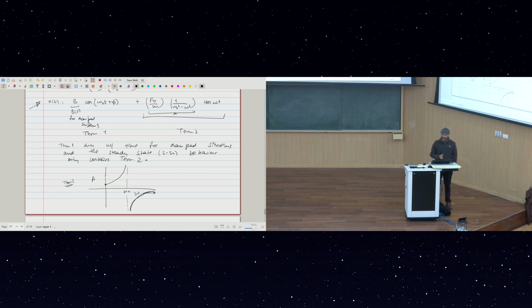The resonance happens when the forcing frequency becomes equal to the natural frequency of the system. Is resonance desirable? That depends. On a bridge, is it desirable? When can you think of a situation where it is desirable?